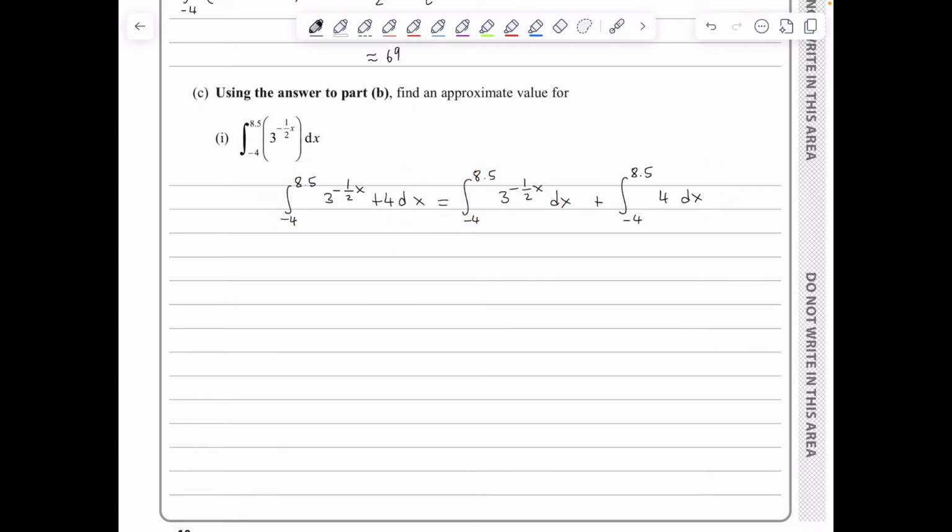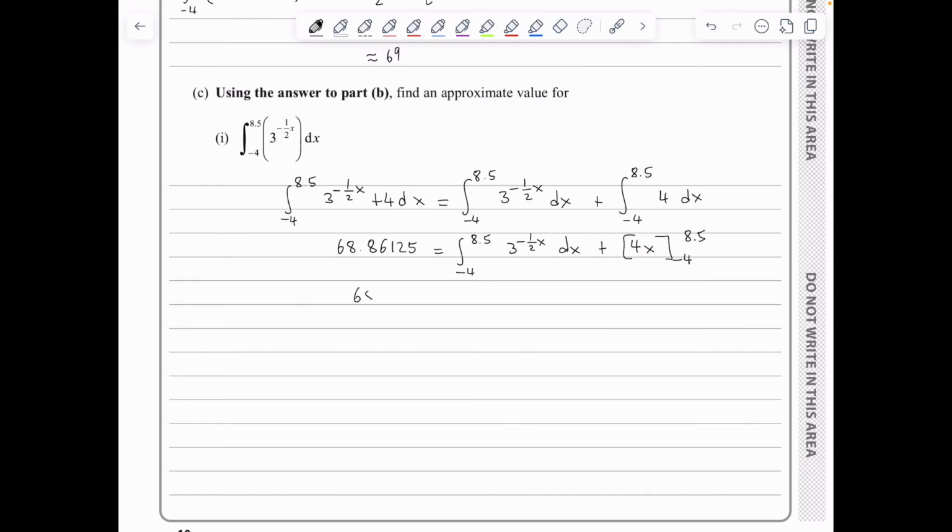So this leads to 68.86125 is equal to the integral from minus 4 up to 8.5 of 3 to the minus a half x dx plus 4x from minus 4 up to 8.5.